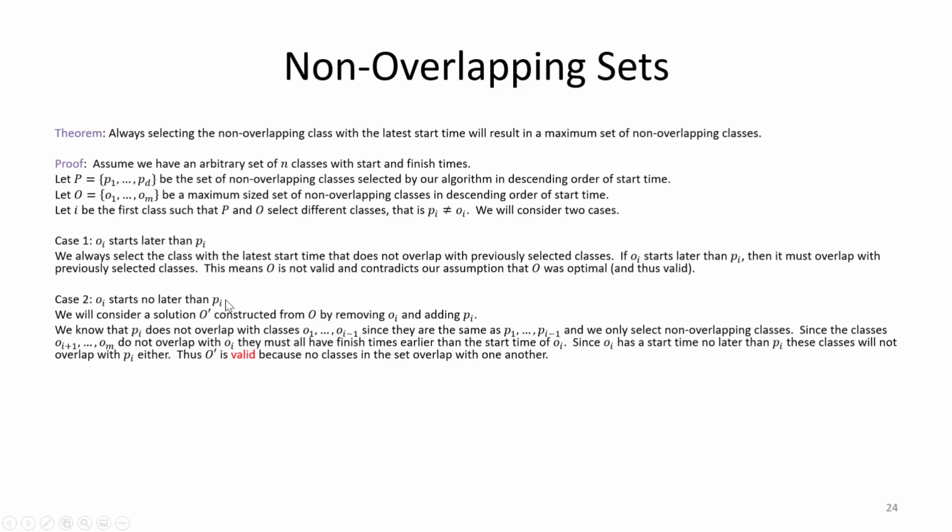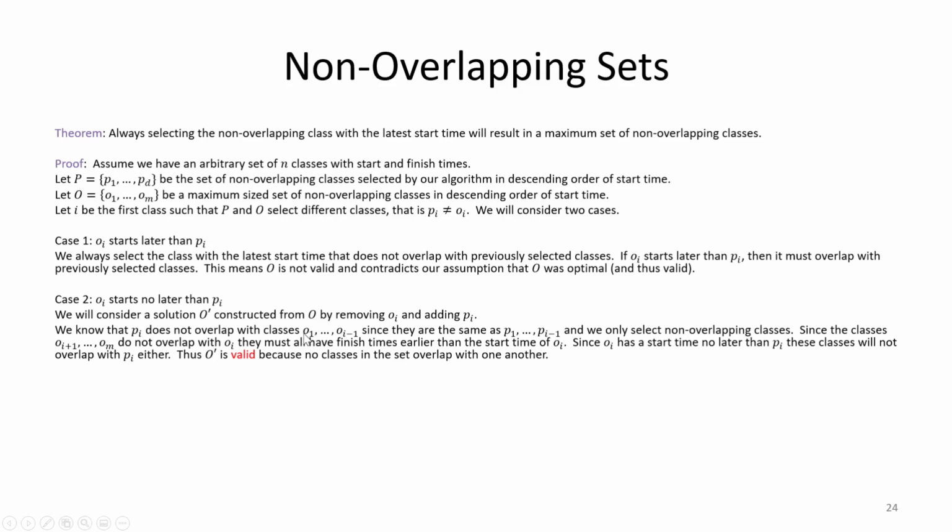We're going to take OI out, we're going to put in PI. Well, OI starts no later than PI. So another way of saying that is PI starts after OI, or maybe at the same time. So if all those classes were already compatible with OI, and PI starts later, then of course they will be compatible with PI as well.